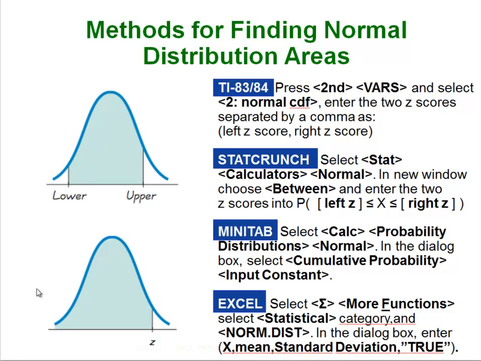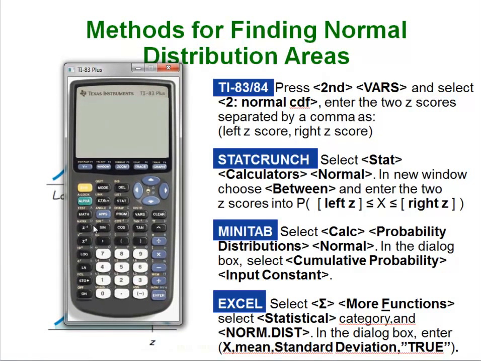Let me just show you really quickly the TI version. So here's the TI emulator. You hit the second button and the VARS for variables. This brings up this menu. You can see right here number 2, normalcdf. So you can either arrow down or just hit number 2.